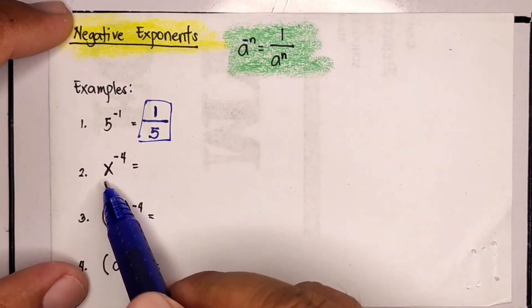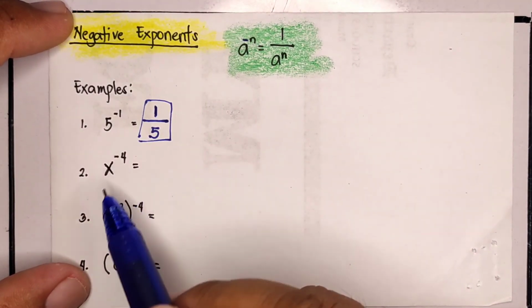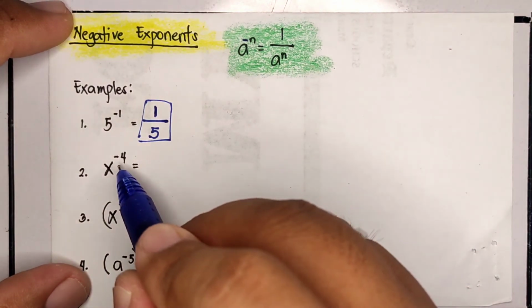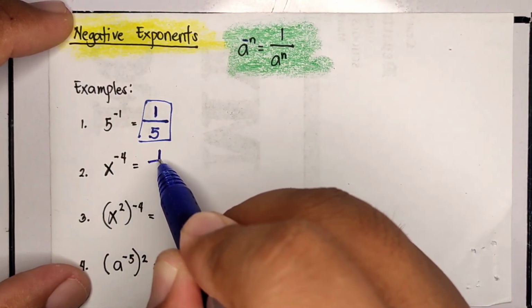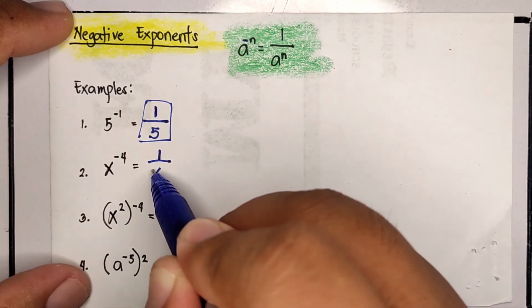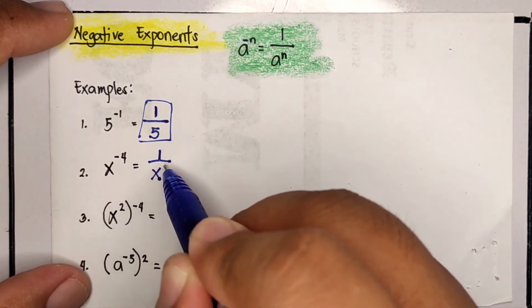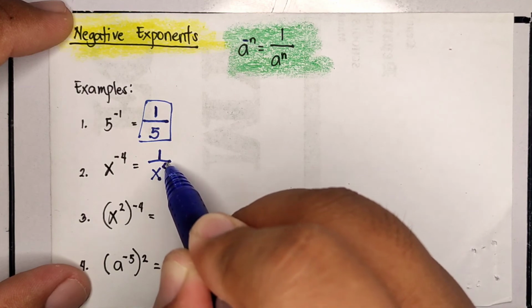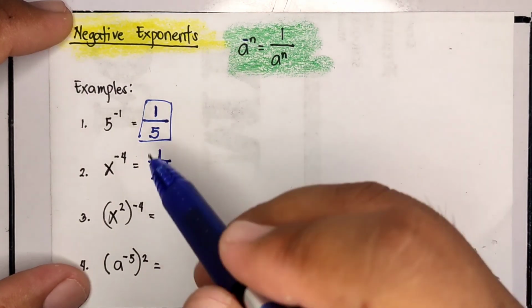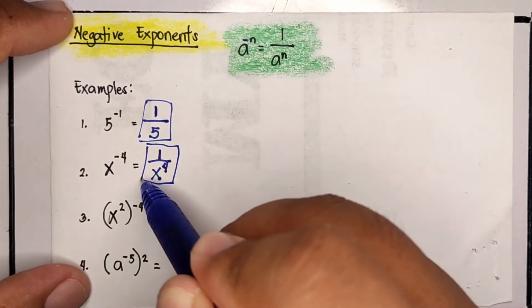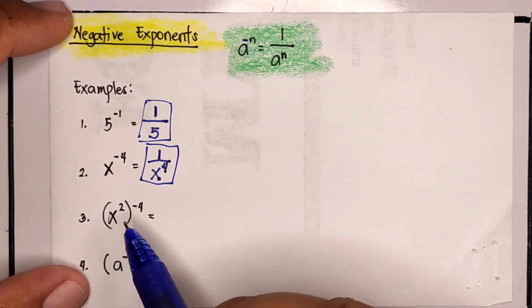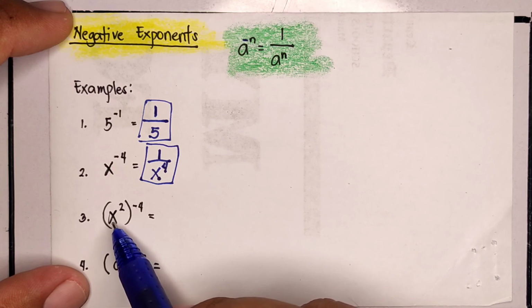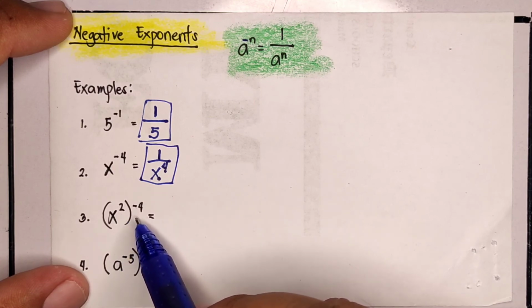Okay? Number 2, x raised to the power of negative 4. By the rule, since our exponent is negative, 1 over x, then ano yung exponent natin? 4, magiging positive 4. Okay? And that is 1 over x raised to the power of 4. Another one, if we will have here x squared raised to the power of negative 4.